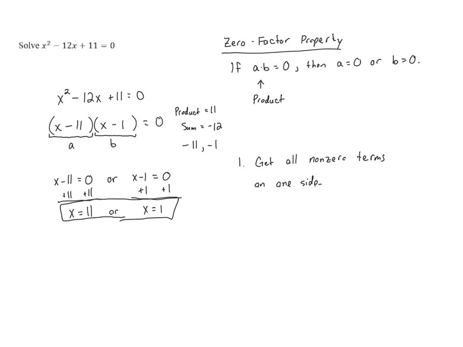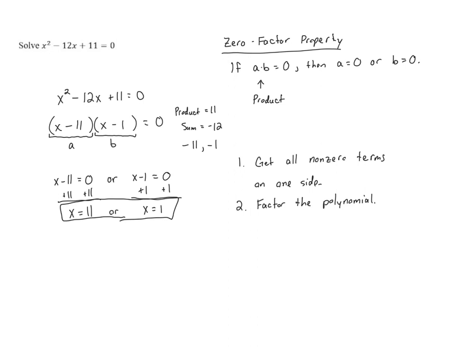So we need to get all those other terms onto one side. So we have some polynomial equals 0. Then we need to factor the polynomial, which is what we did here. We took x squared minus 12x plus 11, and we factored that into x minus 11 times x minus 1.